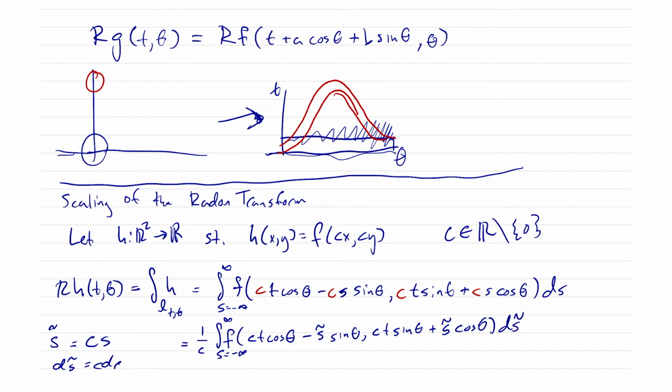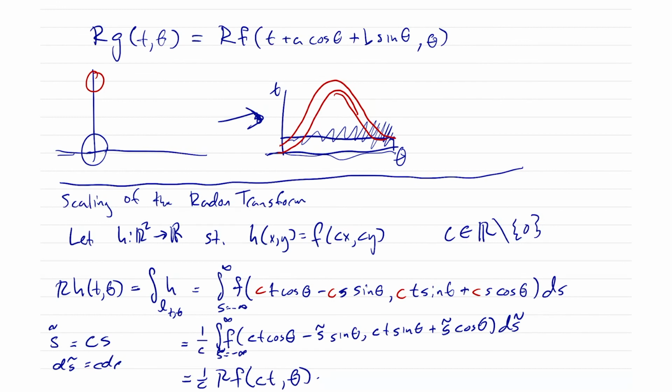And so this is actually going to be 1 over c times the Radon transform of f at ct, comma theta. Right, so there you go.